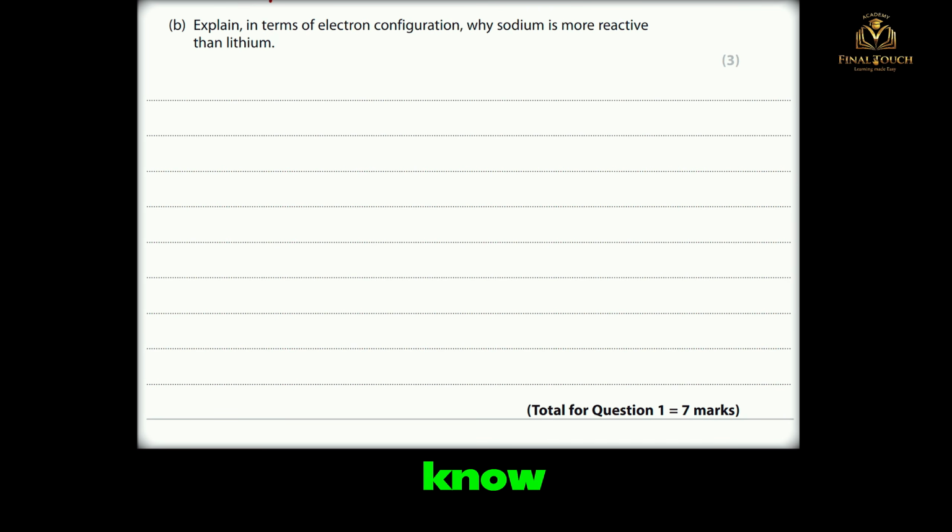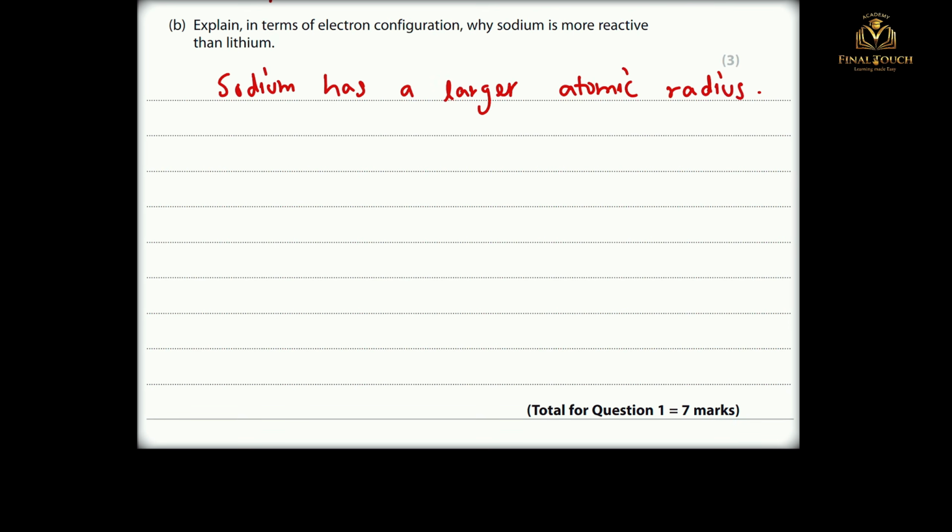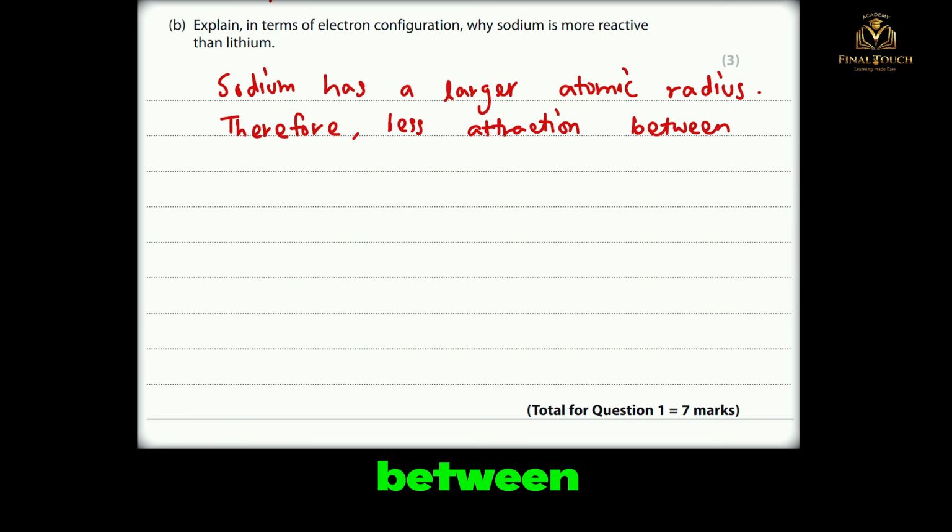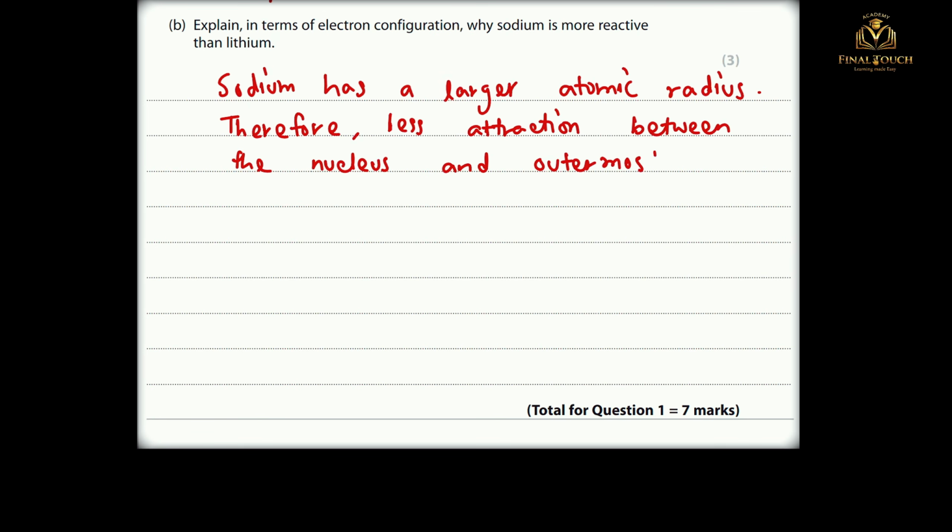So we know sodium has a larger atomic radius. So we can say sodium has a larger atomic radius, therefore less attraction between the nucleus and outermost electrons.